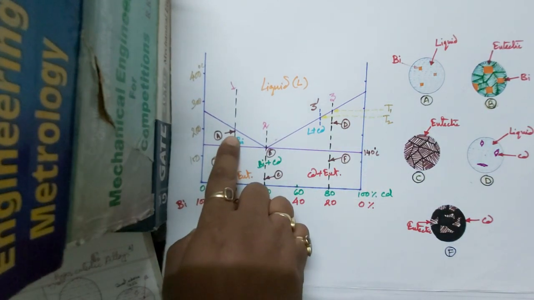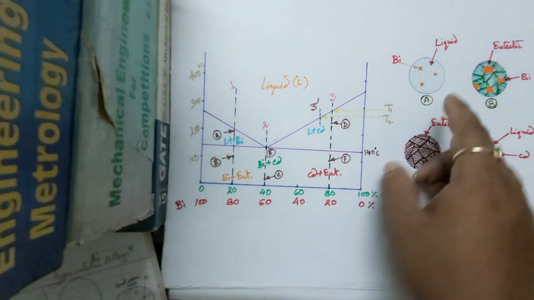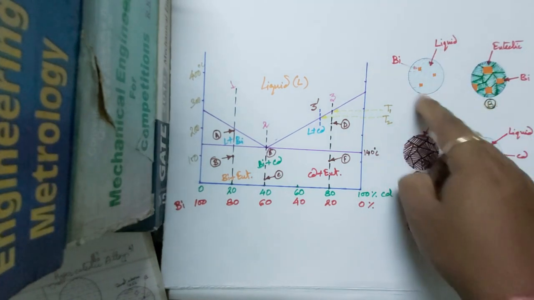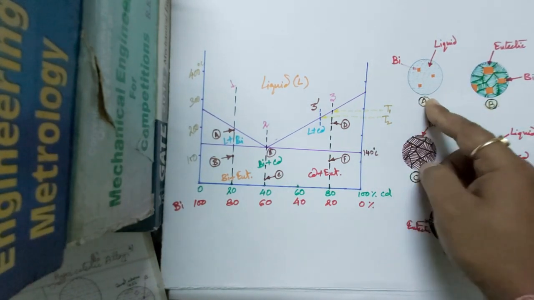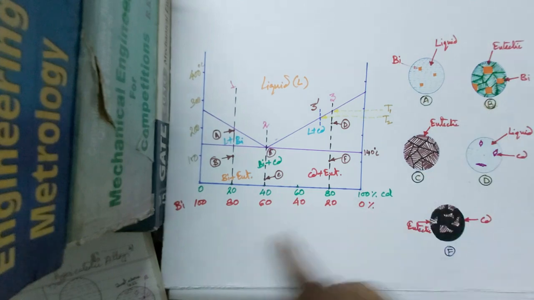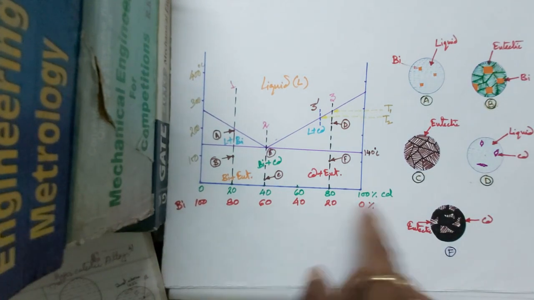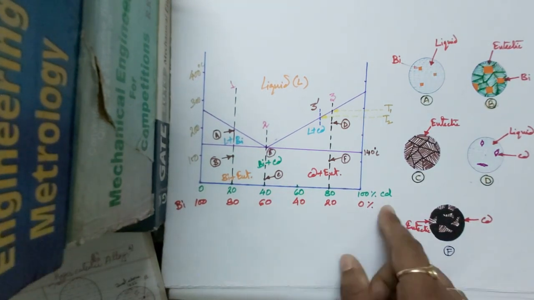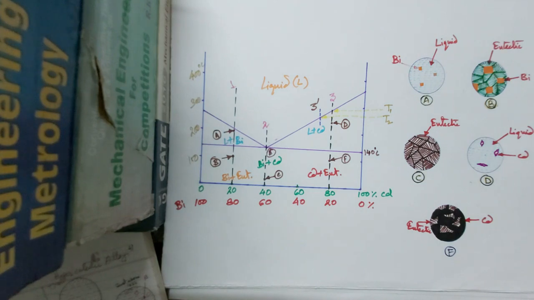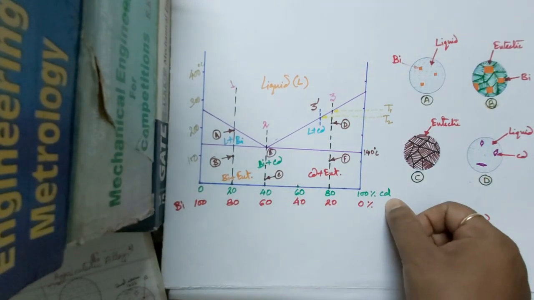So this point is the A point, and for this A point we have this microstructure. So this is the cadmium-bismuth phase diagram, which consists of bismuth and cadmium.